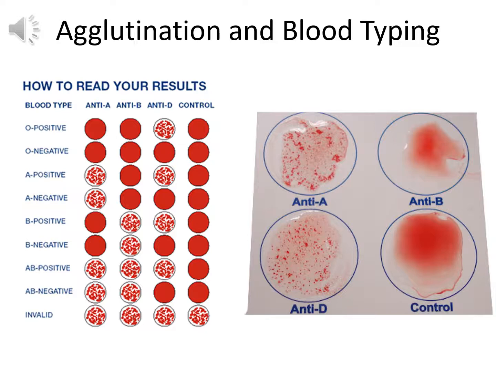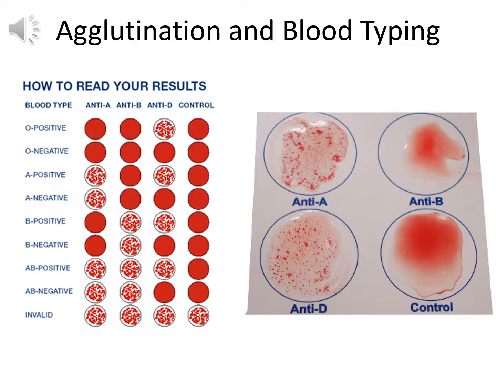Moving on down our list, the A positive case, they're going to get agglutination with anti-A because they have the A antigen, and anti-D because if they're positive for the Rh factor, they'll have the D antigen as well, and then no agglutination for the anti-B or the control. A negative individuals would just have the A antigen present, so they'd only have agglutination with anti-A.